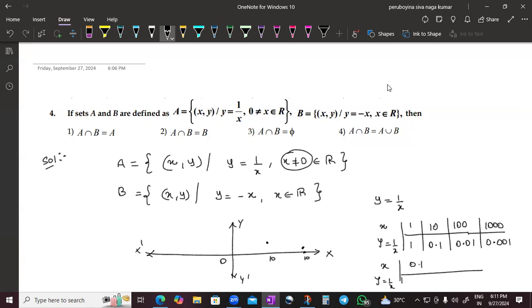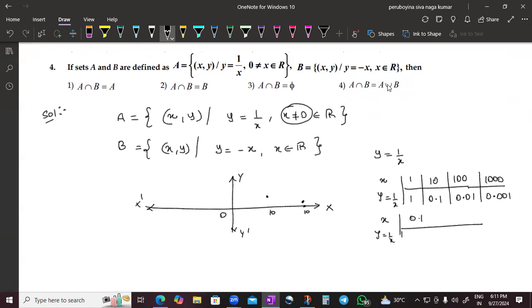Can you define what is 1 by x? You should know about this graph, the reciprocal graph. It is called the reciprocal function 1 by x. One by 0.1 is how much? 10. That means if x is close to 0, the graph is getting the highest values.